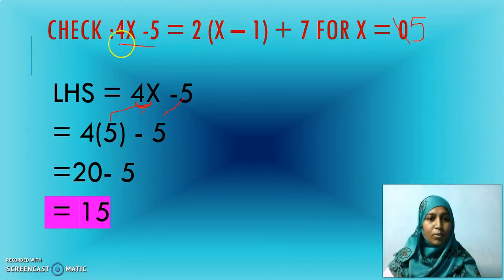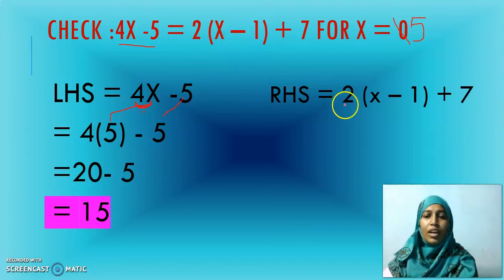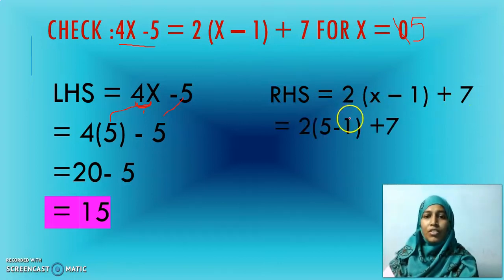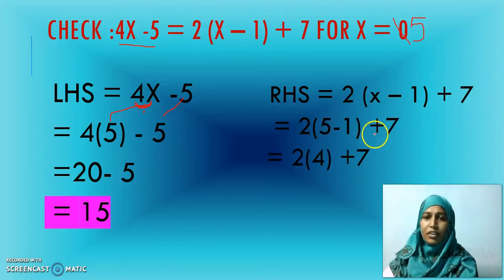So with LHS, the left hand side, I got the answer 15. Now I have to substitute the value x is equal to 5 in RHS. In RHS, we have 2 into (x minus 1) plus 7, which is 2 as it is, and in the place of x, I write (5 minus 1) plus 7.